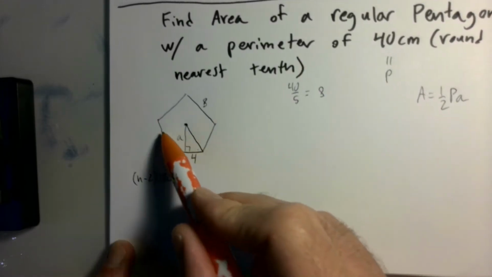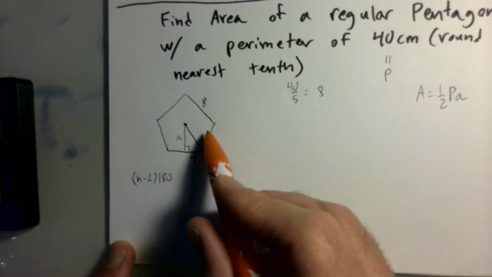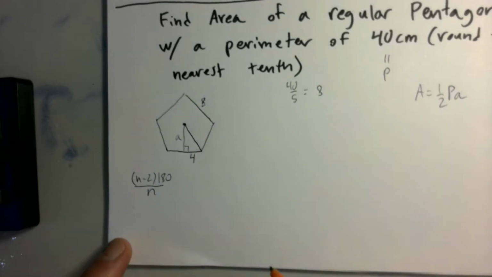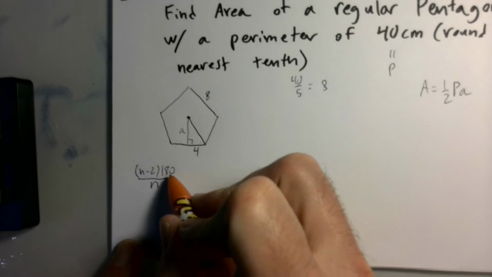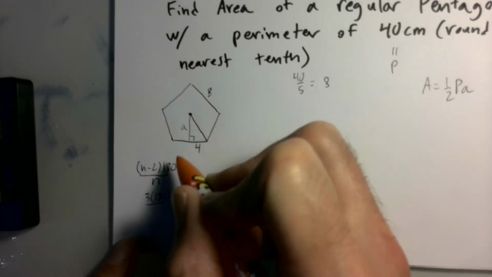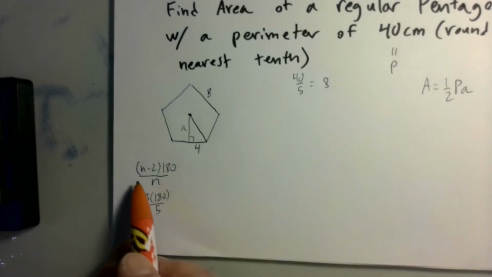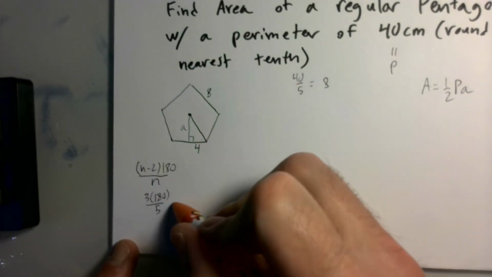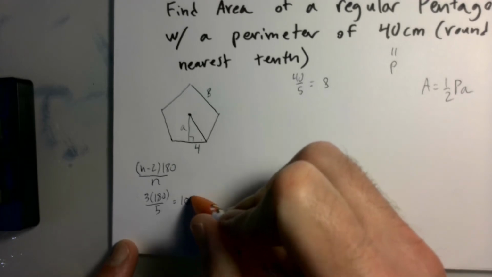That gives what they all add up to, and then to find each individual interior angle for a regular polygon, you divide by n. So 5 minus 2 times 180, so that's 3 times 180, and then you divide by 5, because I plugged in a 5 for n. 540 divided by 5 is 108 degrees.